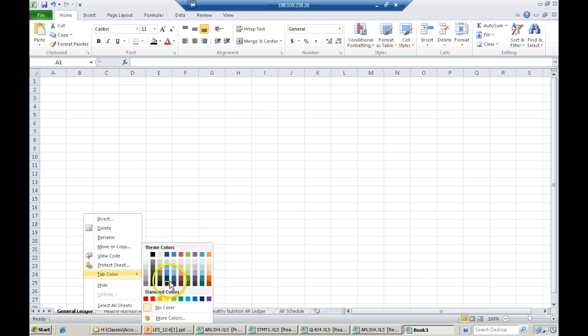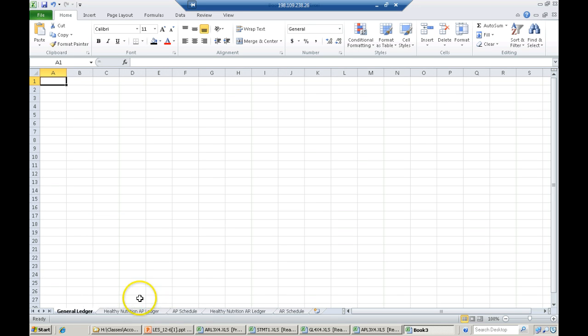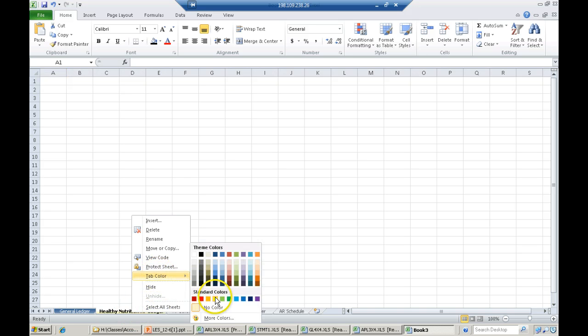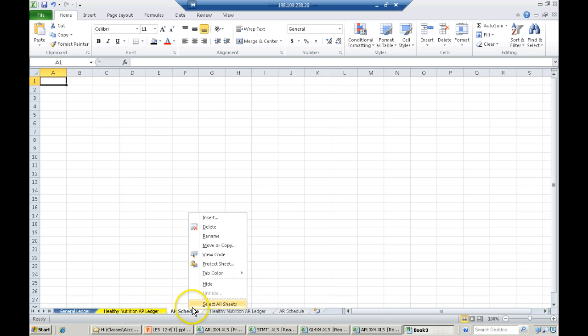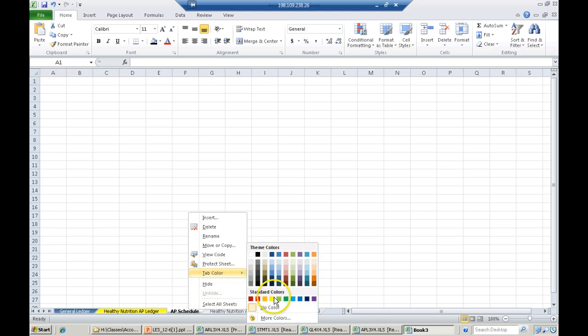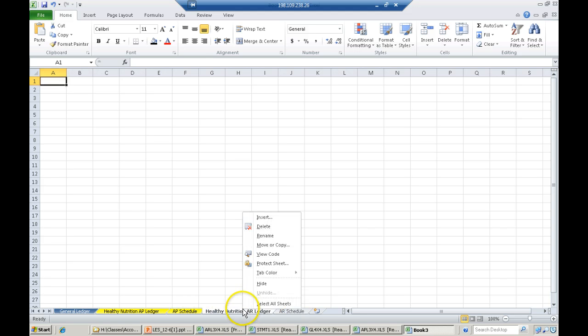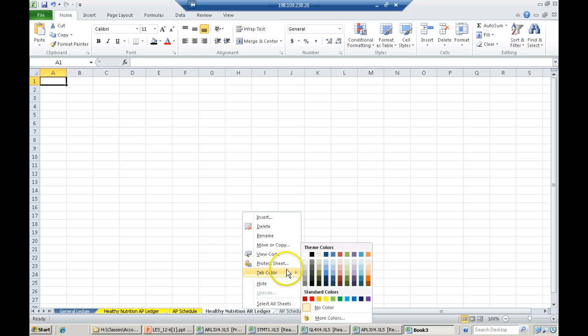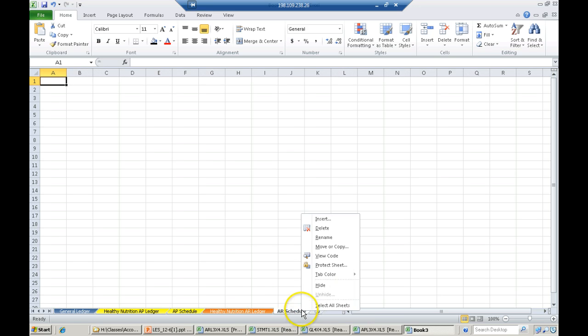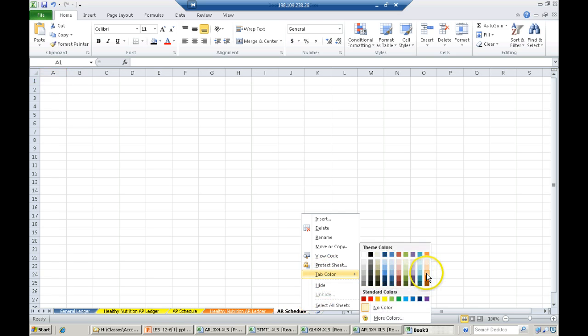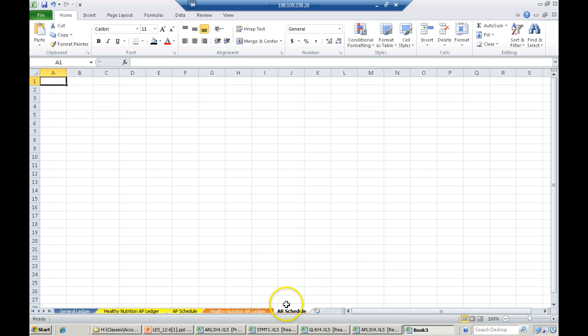Let's make this one something different. Blue. Let's make this one tab color yellow. This one goes with accounts payable, so let's make this one yellow too. This one goes with accounts receivable, so let's make this one some kind of orange, and this one some kind of orange. There we go, so that they're color coordinated.